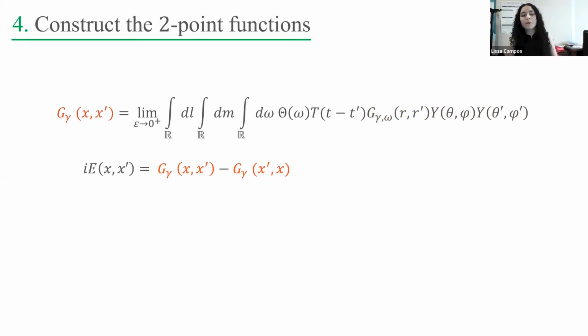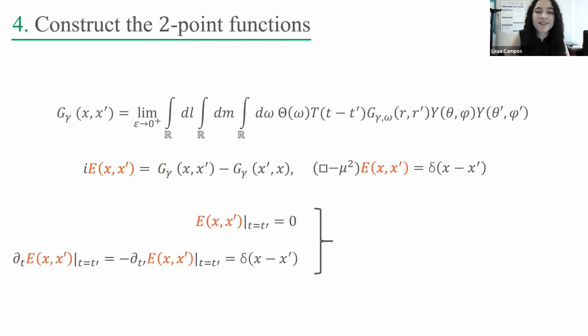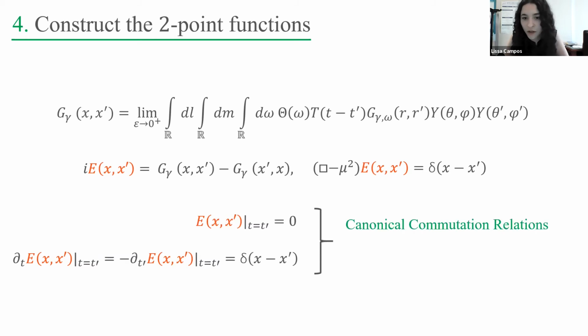But this ansatz cannot be anything, because the anti-symmetric part of the two-point function is actually the causal propagator, which is a Green function of the Klein-Gordon equation such that it satisfies these two initial conditions. So these two initial conditions on the anti-symmetric part, on the causal propagator, is equivalent to the canonical commutation relations in a covariant form.